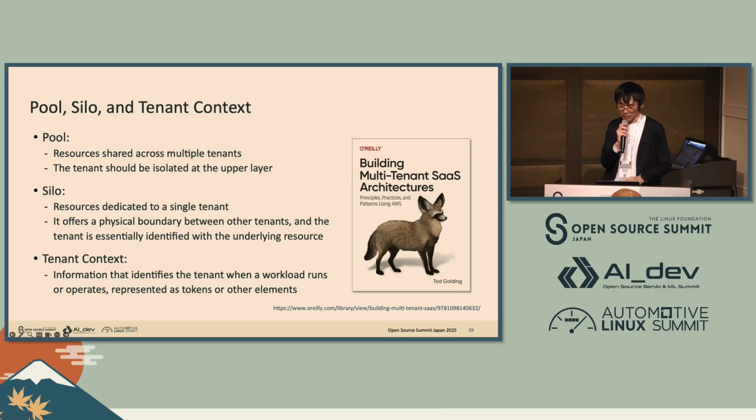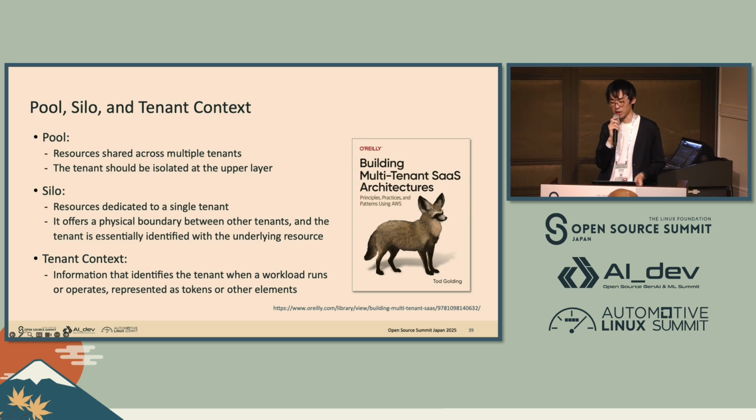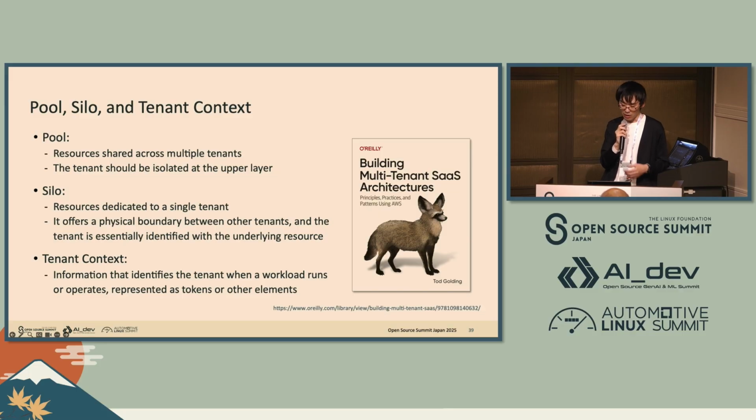In the pool model, multiple tenants share resources with isolation happening at the application layer. Silo means each tenant has dedicated resources, providing strong isolation with clear physical boundaries. In our platform, we use a mixed model of pool and silo according to the trends of resource consumption.